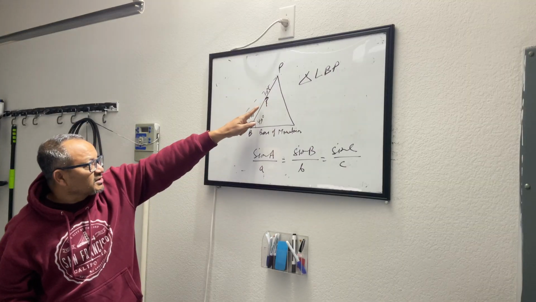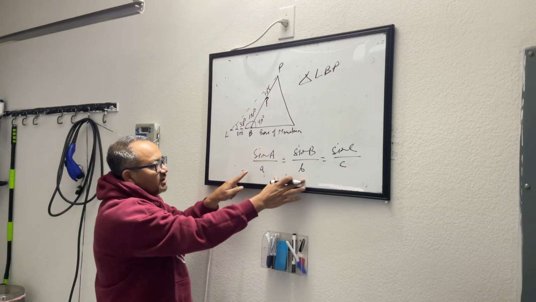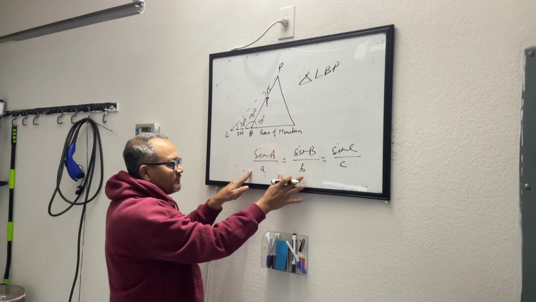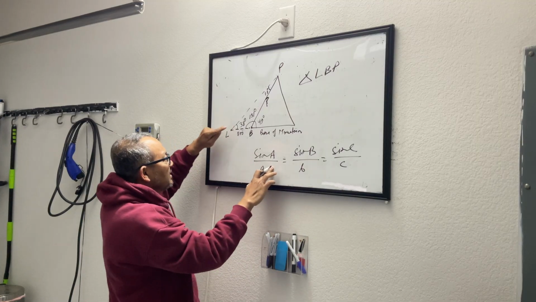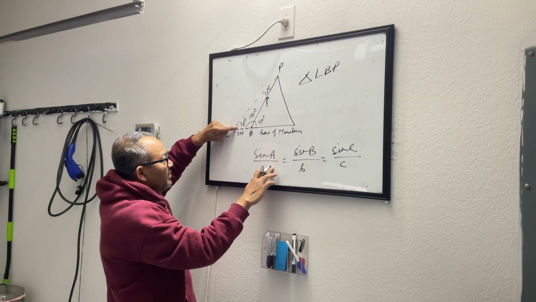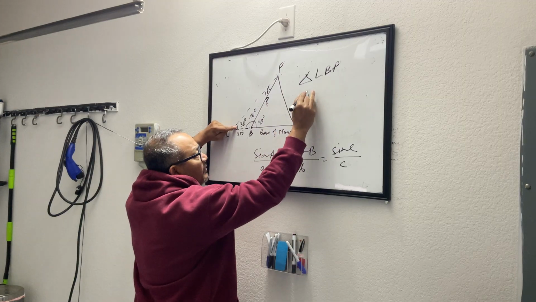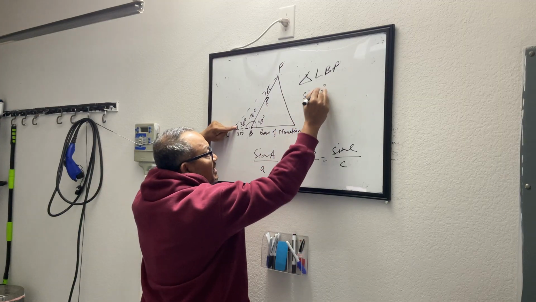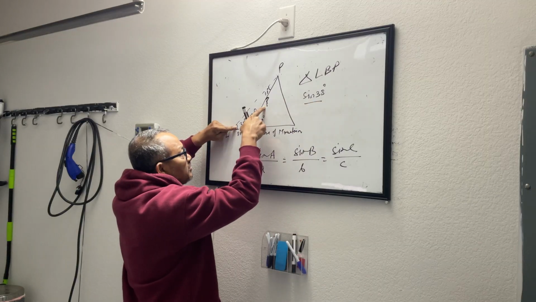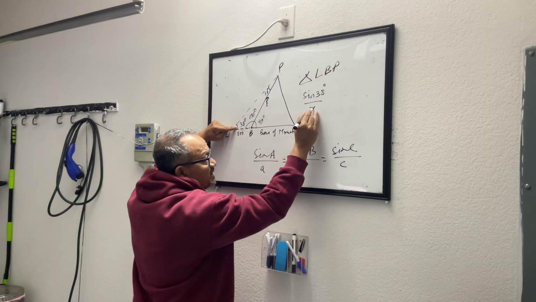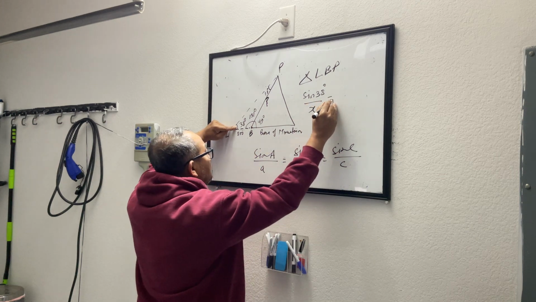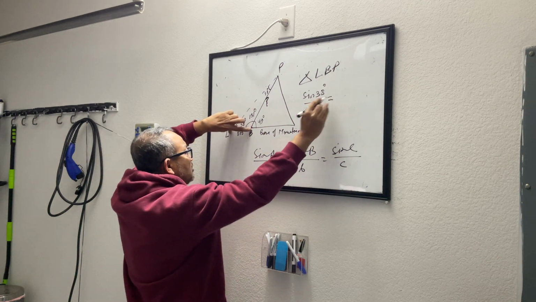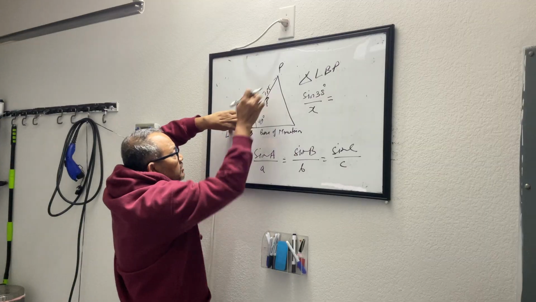So let's come to this triangle and relate it to the formula that we have learned, this law of sine. So let's say this is angle A. So sine of 38 degrees divided by the side opposite to that. This is what we are trying to find out. Let's say that is x. Equal to, this side is known, so I will pick this side and the angle opposite to that.